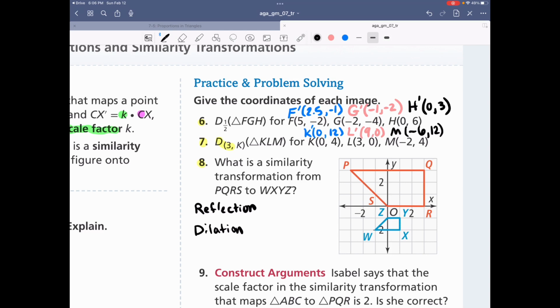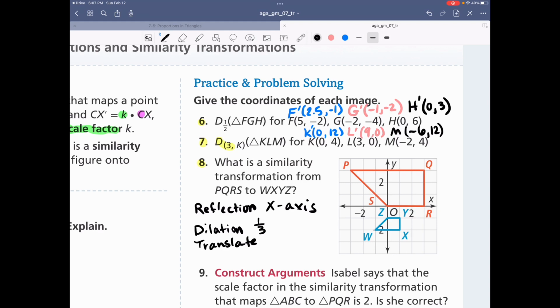But after the dilation, we could just translate it down. So that'll work. All right, so we're going to reflect it over the x-axis. And then we're going to shrink it by 1/3, so a dilation of 1/3.